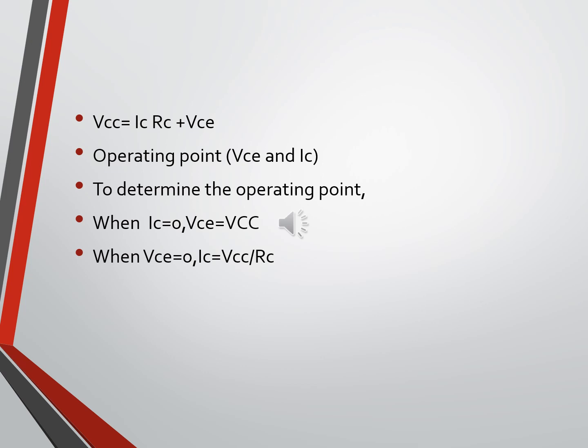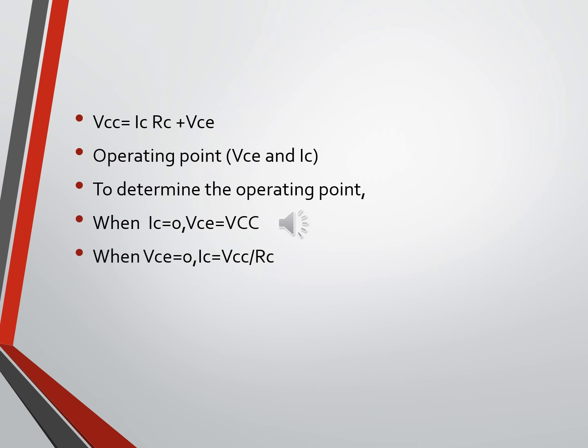So the change in temperature causes what all things? The change in temperature causes a change in the transistor parameters. Which parameters will be changing? The reverse saturation current ICO will be changing. The amplification factor, or the current gain beta, will be changing.